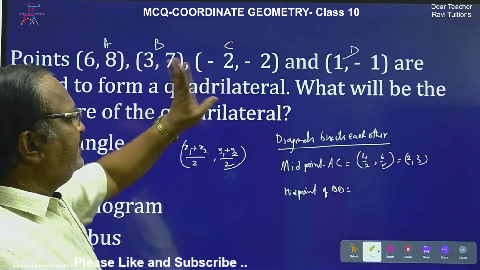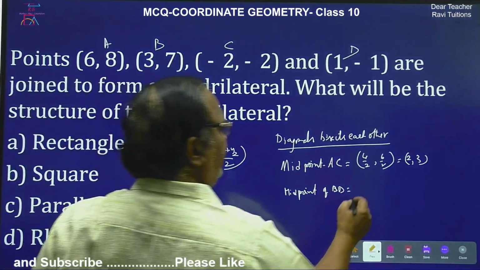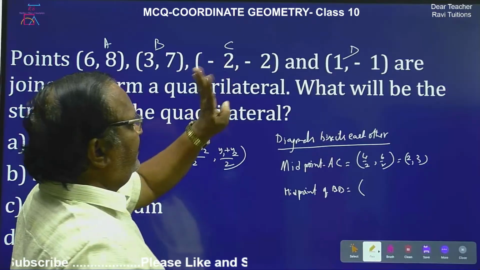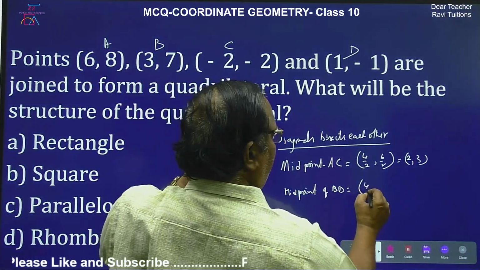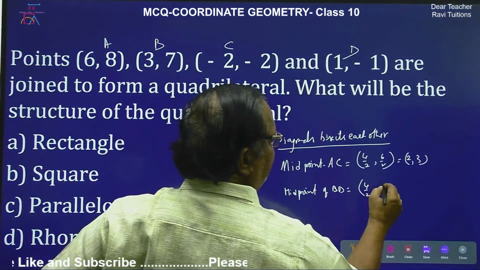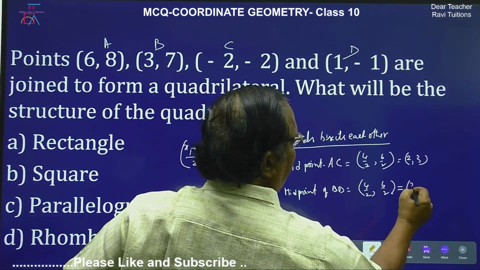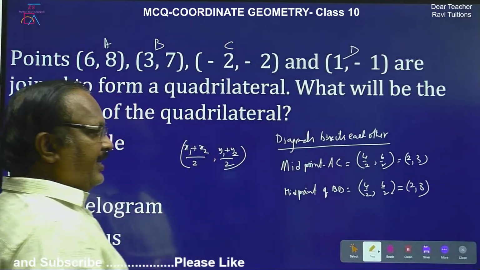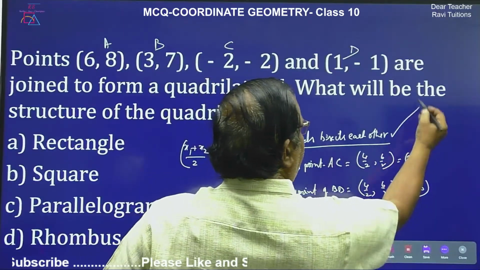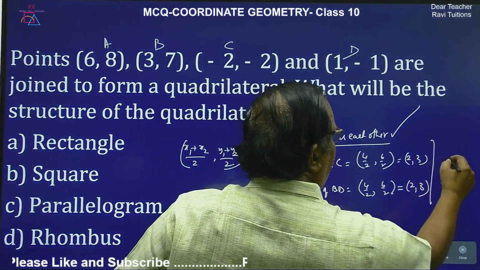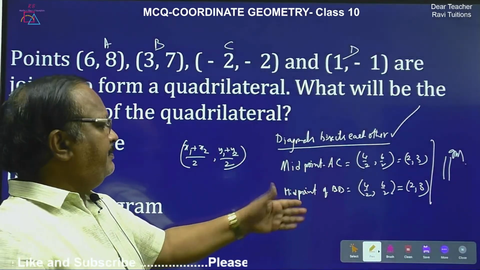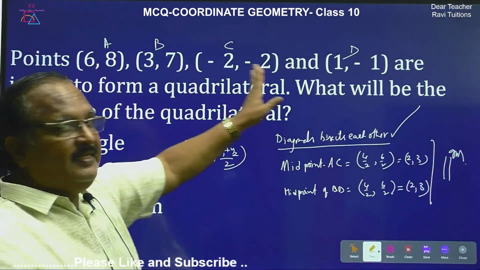Midpoint of AC is 2, 3. Now midpoint of BD. So B and D: 3 plus 1 is 4, 4 by 2, comma, 7 minus 1 is 6, 6 by 2, so it is equal to 2, 3. So diagonals bisect each other, both are equal. Therefore it is a parallelogram. So using the midpoint theorem, we proved that ABCD is a parallelogram.